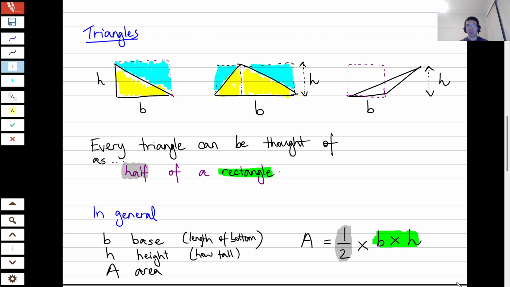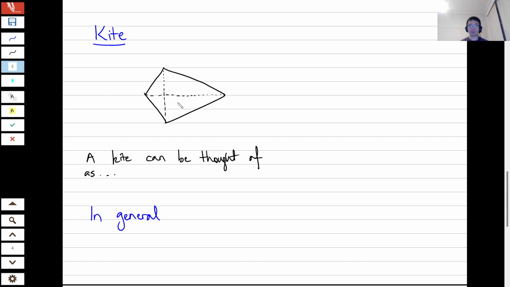Okay, last shape. This is a kite. Now, you might think, I see a bunch of triangles, so let's split the kite up into 4 triangles. But we can actually do something even easier than that.